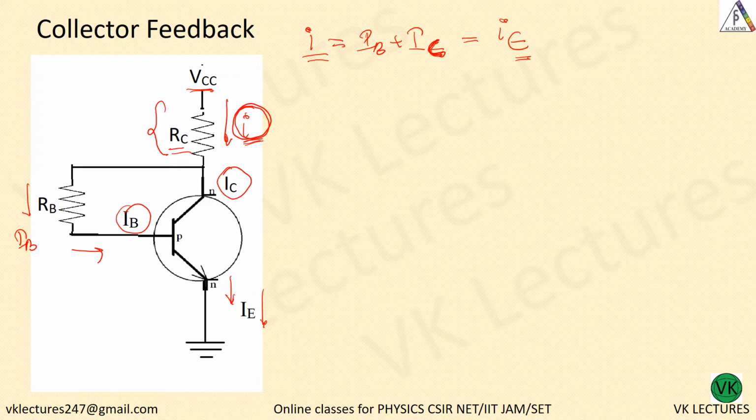Now let us apply Kirchhoff law to the input. VCC equal to I into RC plus IB RB plus VBE, and after that there is no drop. This is the final voltage drop.